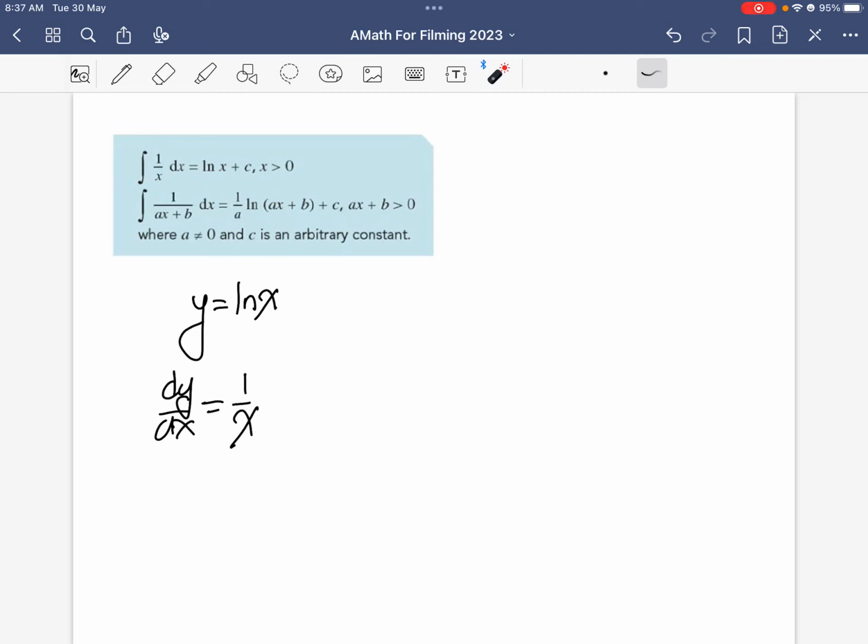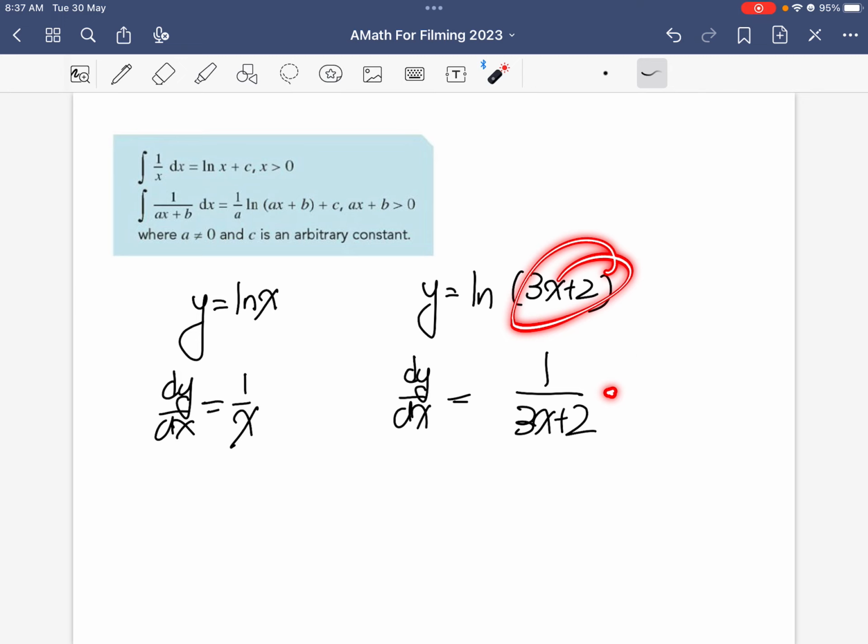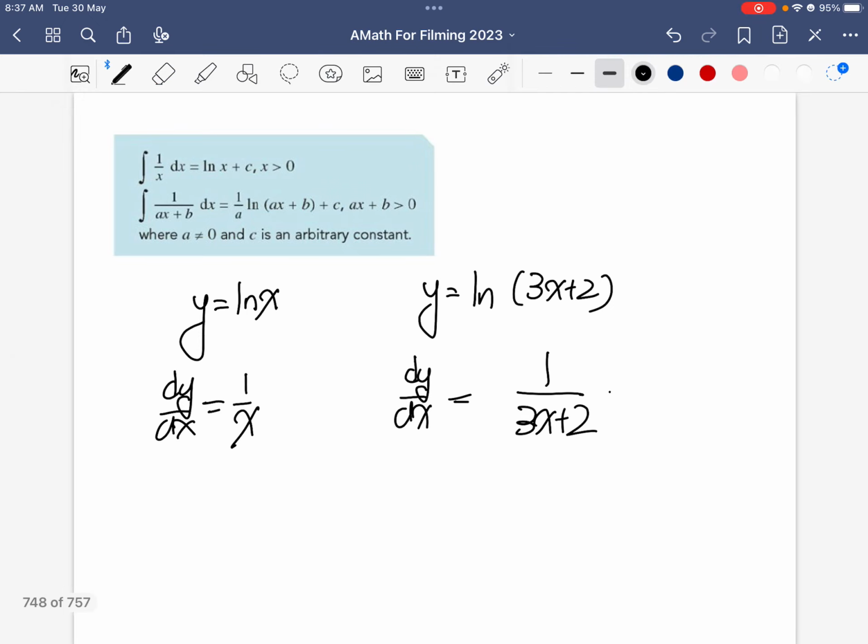Now, if I'm integrating 1 over ax plus b, if you remember in the past, if I have y equals ln of, let's say, 3x plus 2, when I differentiate with respect to x, I take the reciprocal, and then I differentiate the 3x plus 2 to give me a 3. Then I multiply by the 3 itself.